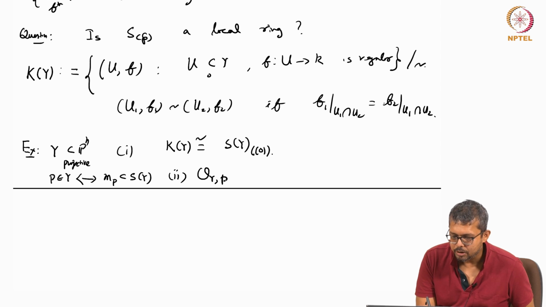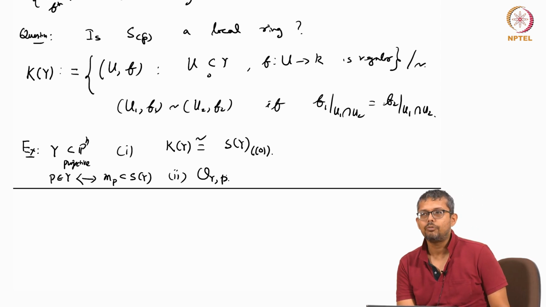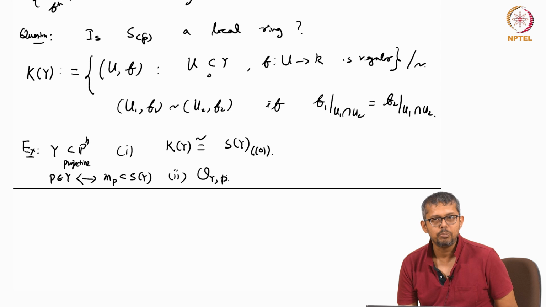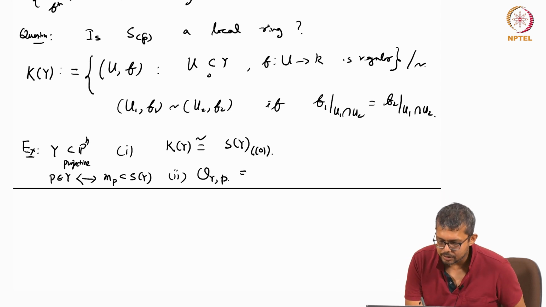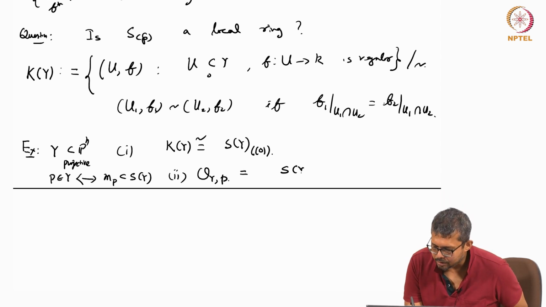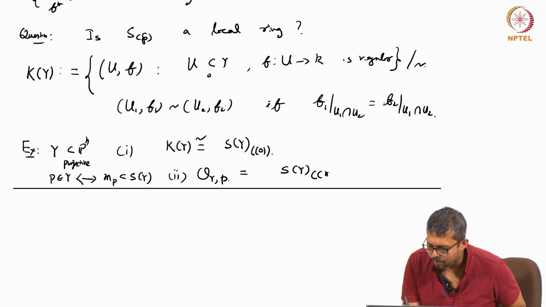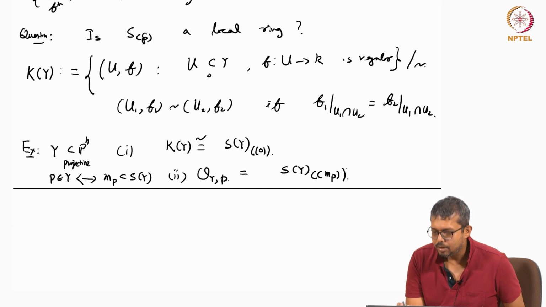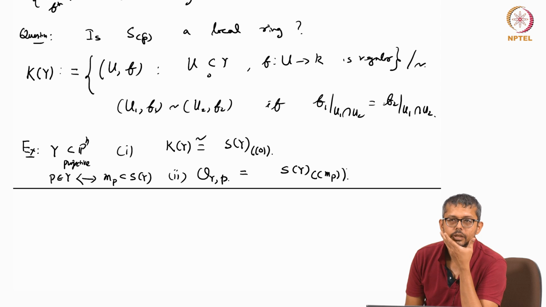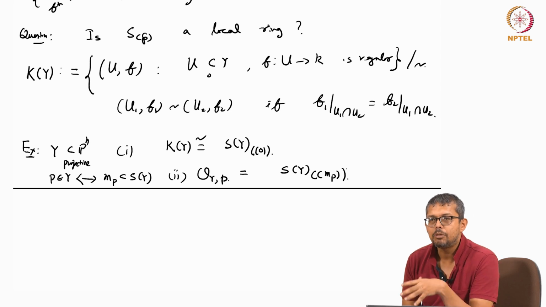You can talk about the stalk of regular functions at the point P. This is nothing but S(Y) localized at M_P, the degree 0 part of the localization. M_P is a homogeneous prime ideal, and take the degree 0 part of that.